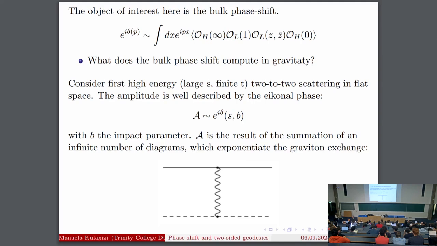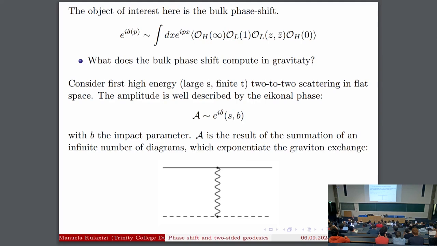So what is that? You know that this is some exponentiation that characterizes a number of diagrams, and this exponentiation happens when we take a specific limit. Unfortunately, here my conventions are opposite to what you heard in the morning talk. So this is a large s and finite t for the Regge limit; the s and t were reversed.